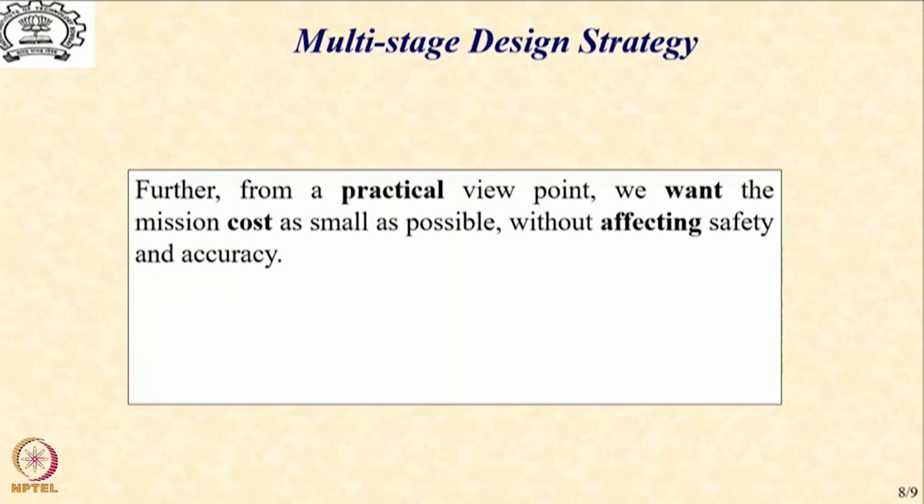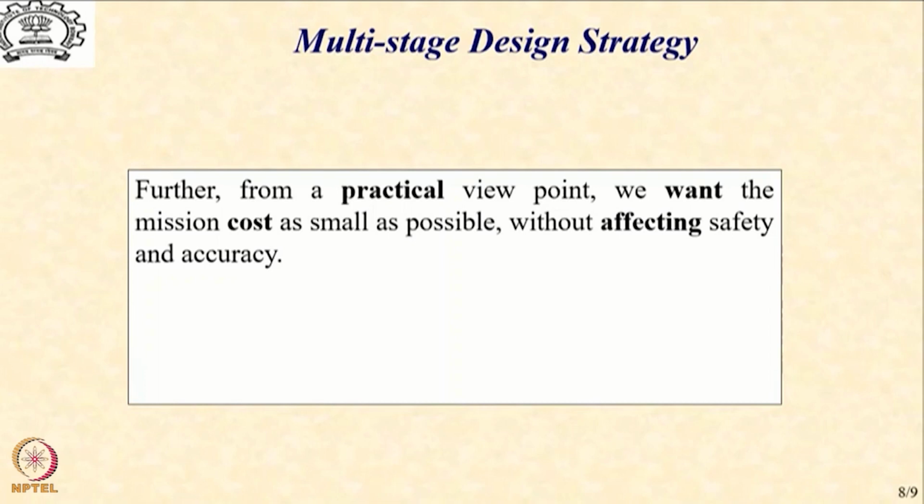In this context, we need to realize that from a practical perspective, we want the mission cost to be as small as possible. Now, mission cost we normally define as amount of payload per unit lift of mass that we get, and higher that value, lower is the cost, which means our mission is more cost effective if we are able to launch a higher payload with a smaller lift of mass.